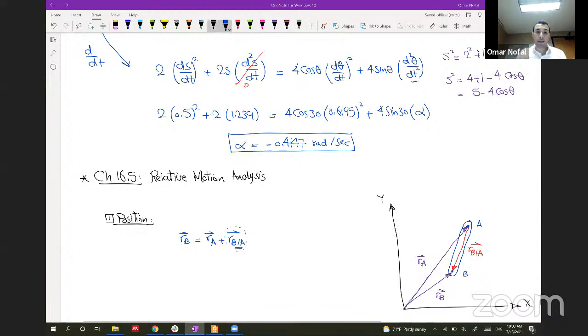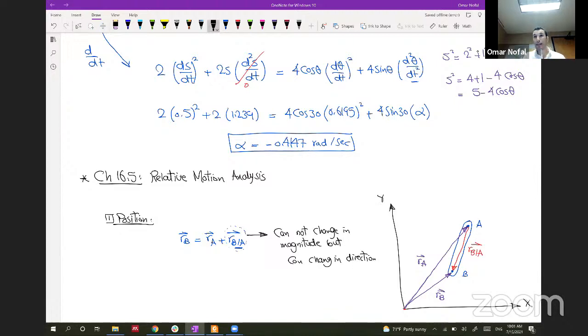Let's write this clearly here. This term cannot change in magnitude, but can change in direction.